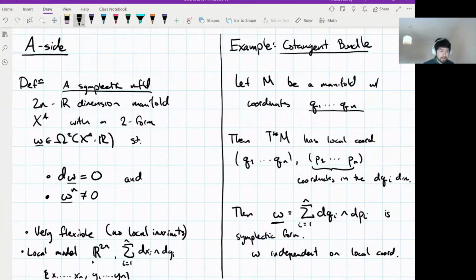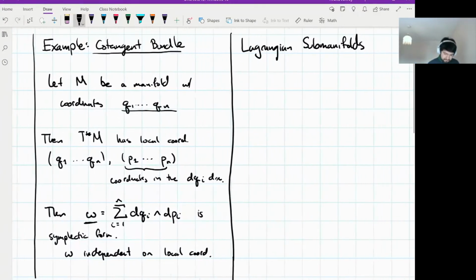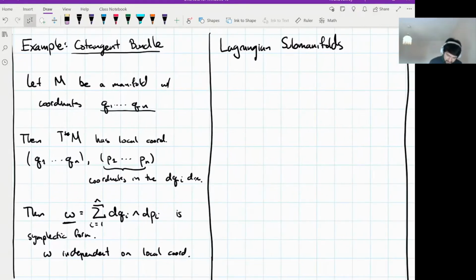Relating to the previous example of R2n, here we're thinking of R2n as the cotangent bundle of Rn. And because everything is locally modeled on R2n, these cotangent bundles serve as very good, slightly bigger than local, models of your symplectic manifold. So it's very common if you find a symplectic manifold to find a cotangent bundle sitting inside of it. What do I mean by that?